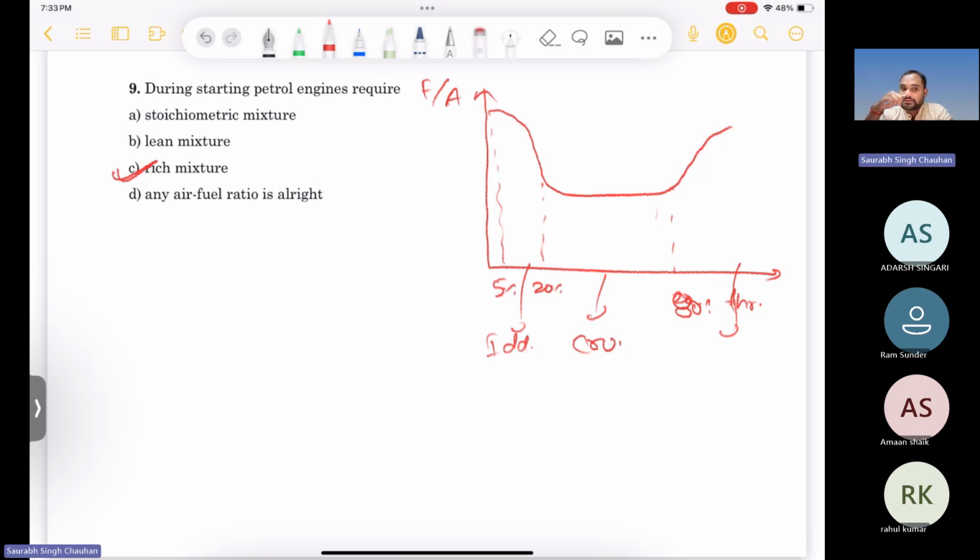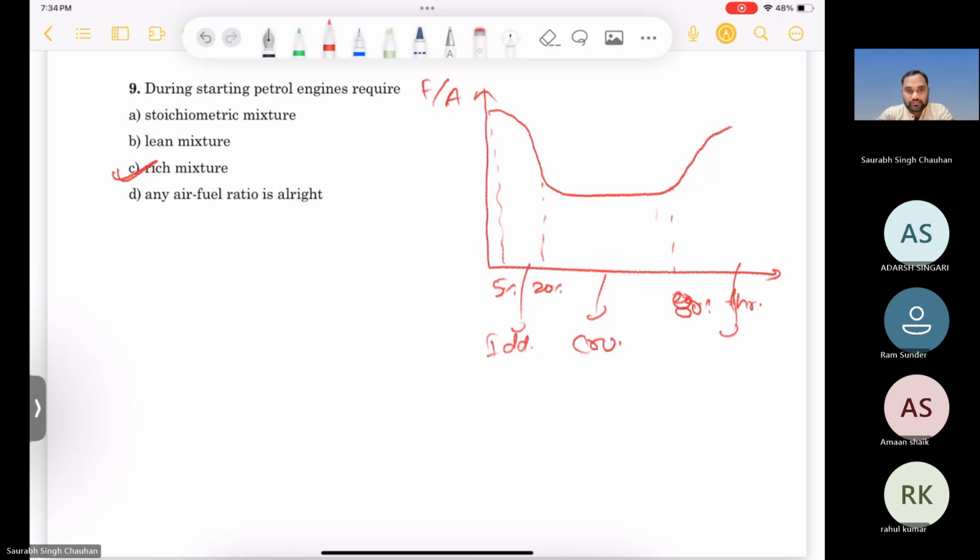Starting, you can say it is like cold starting. Normal starting means you are just starting your engine, and whenever you start, it is starting from cold. After a few minutes it becomes hot, right?